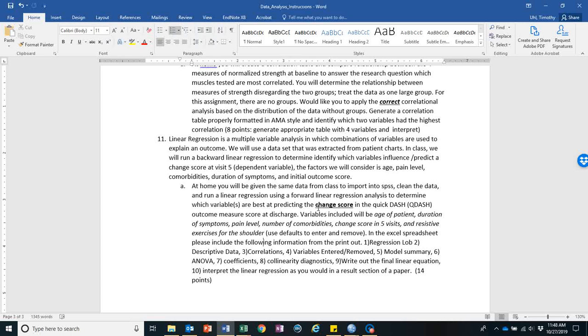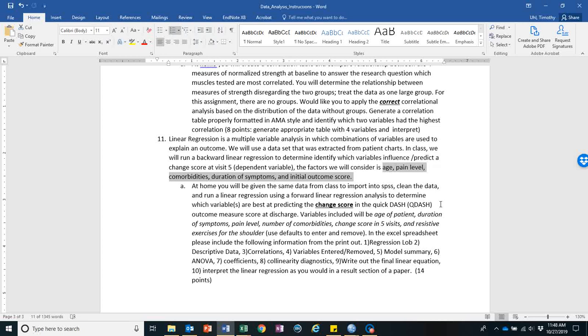So our change score at visit 5 is our dependent variable, and then the other regressor or predictive factors we will consider as the patient's age, their pain level at onset of treatment, comorbidities, duration of symptoms, and initial outcome score. For those of you that haven't taken statistics, you can run regression analysis as enter every variable and see what all of the variables do.